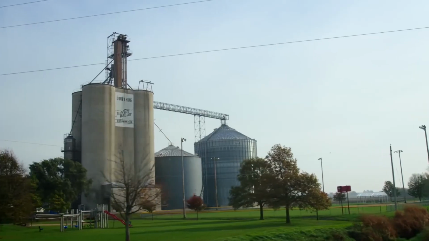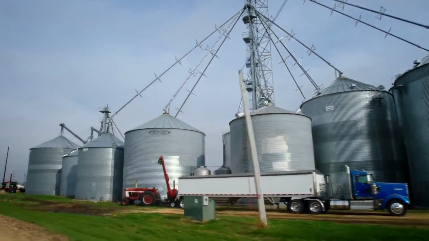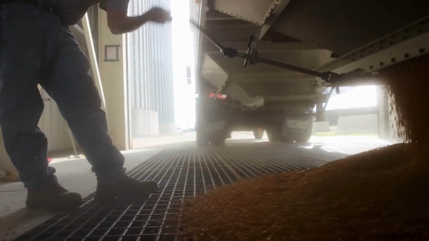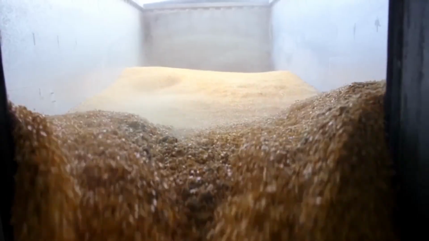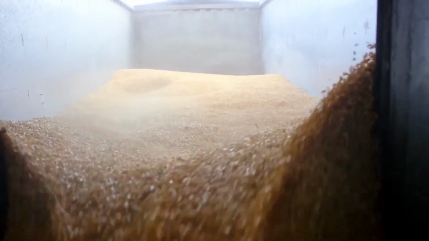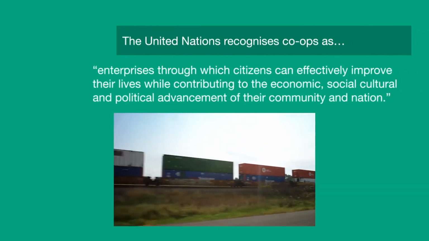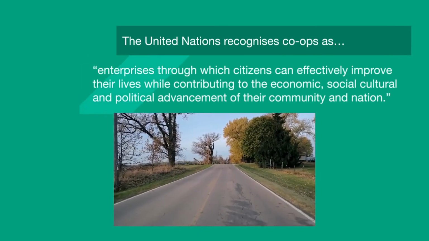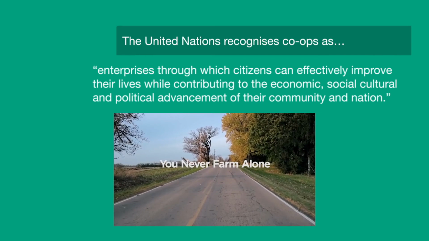The co-op sectors in Europe, Canada and the US are major components of those economies, bringing diversity and stability during the economic ups and downs that affect investor-owned companies. It is no surprise that the United Nations recognises co-ops as enterprises which improve lives and contribute to communities and to nations.